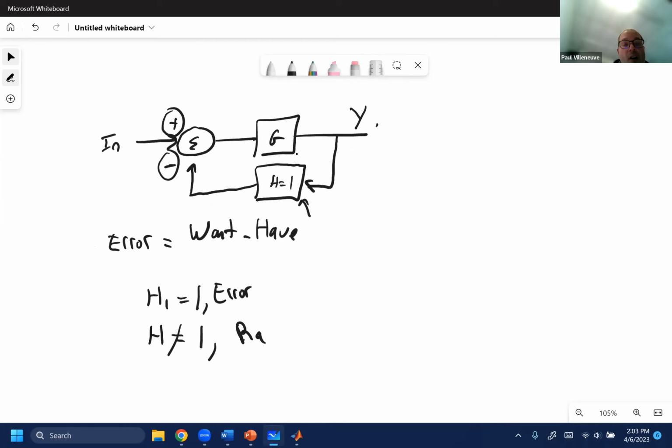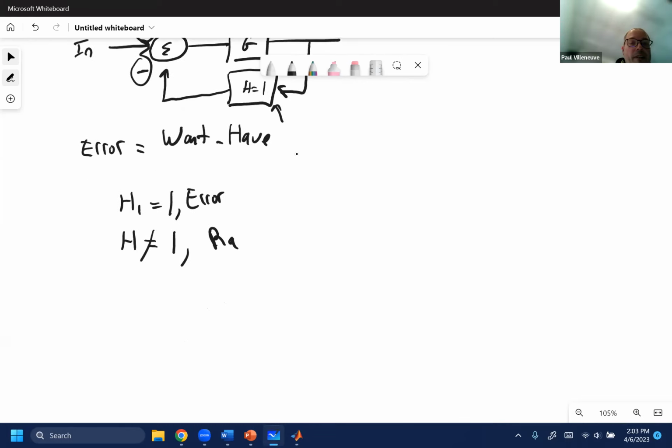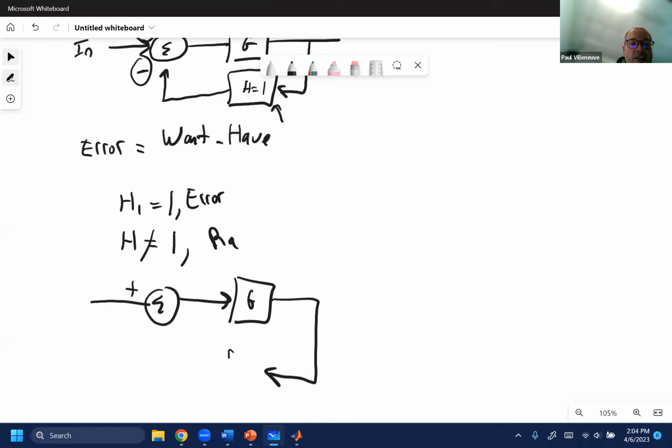Okay. So if we open the loop, and this is where it's really important to open the loop, here's G, and here is H. And again, this is opened. We're looking for the transfer function between the input and, whoops, this is minus, the value that is fed back over here.